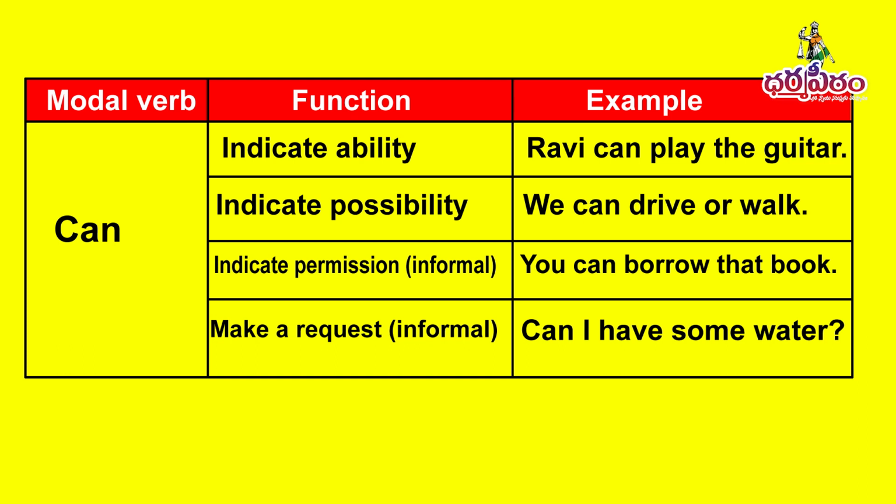The first function of can is to indicate ability. If someone is able to do something, we have to express that, then we say it is an ability being expressed, right? So we say Ravi can play the guitar. Ravi has an ability, and that is he knows how to play a guitar.